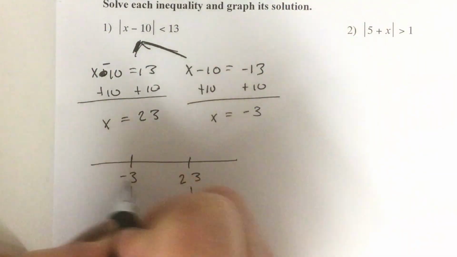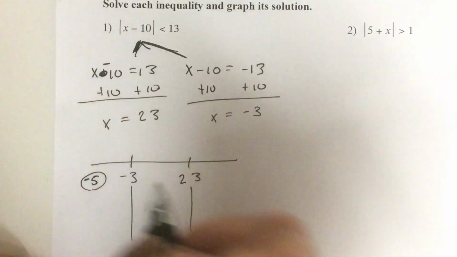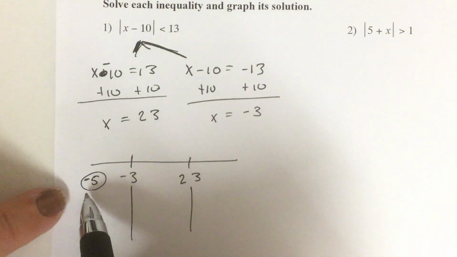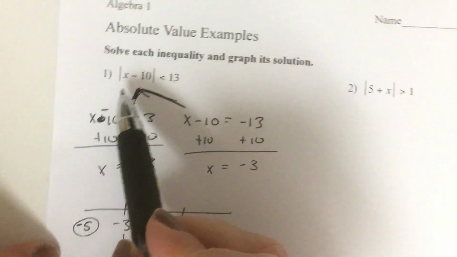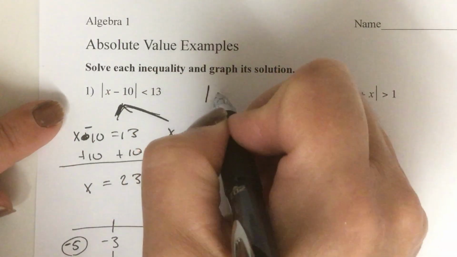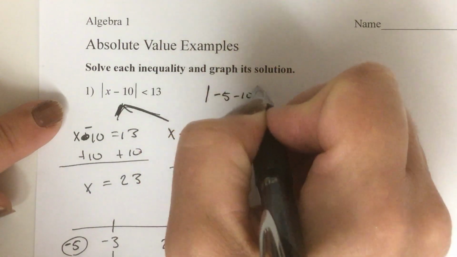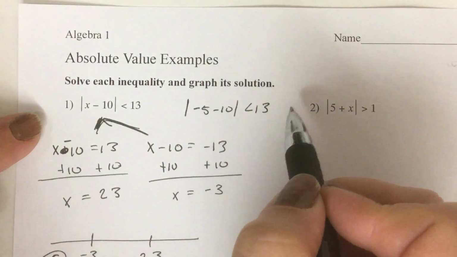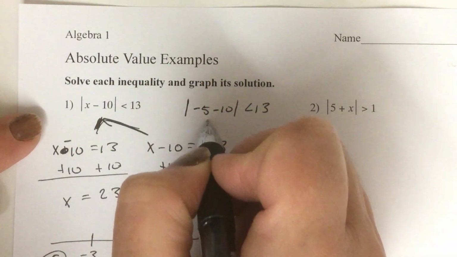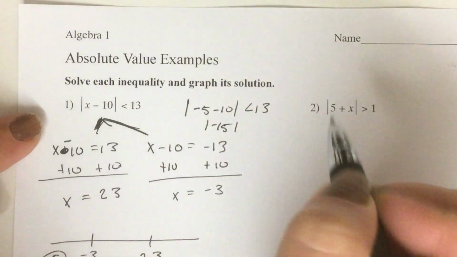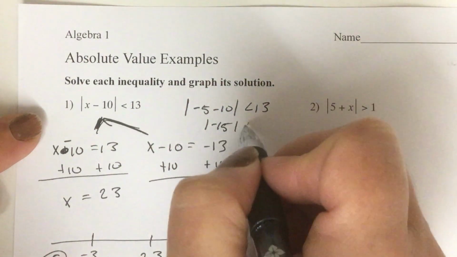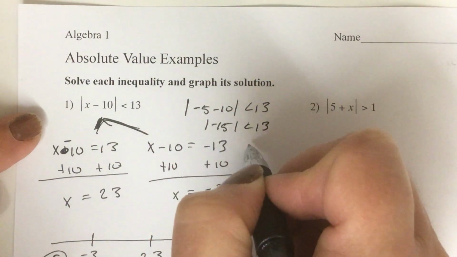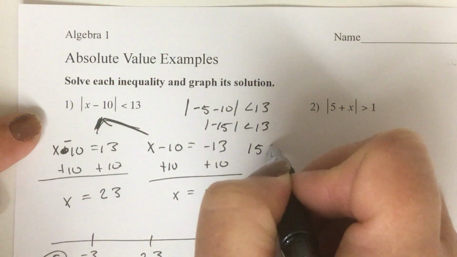So you can pick anything smaller than negative 3. I'm going to pick negative 5. Okay? If I take negative 5 and put it up in here, then I have the absolute value of negative 5 minus 10 is less than 13. Now I'm checking to see if this is true. Negative 5 minus 10 is negative 15, and the absolute value of negative 15 is positive 15.